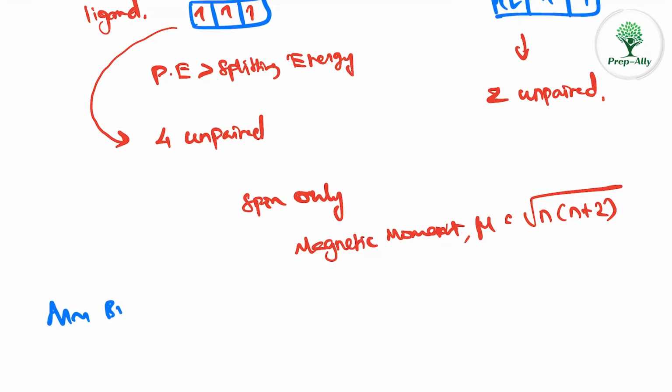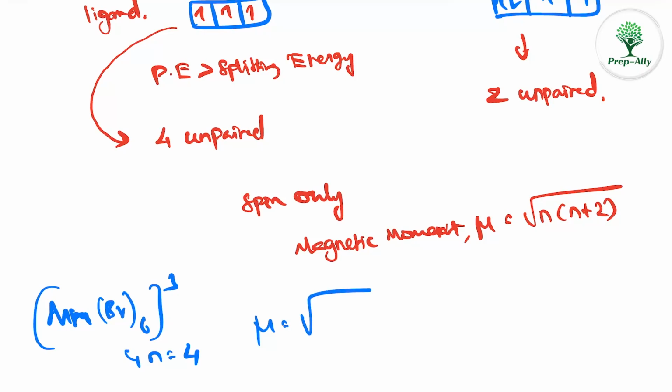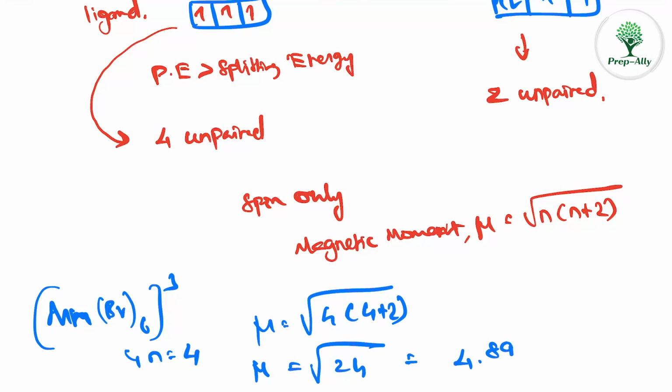So in MnBr6, n is equal to 4. So mu is equal to root of 4 into 4 plus 2. 6 4s are 24, so root 24 is going to have a value of around 4.9, or 4.89 exactly.